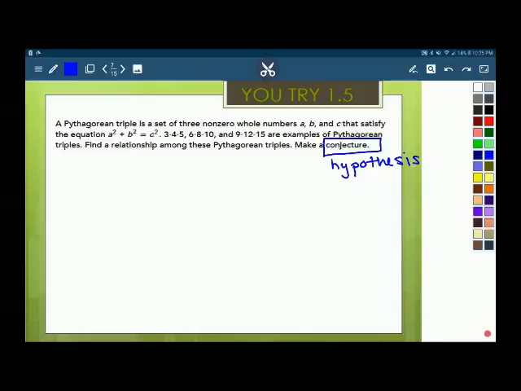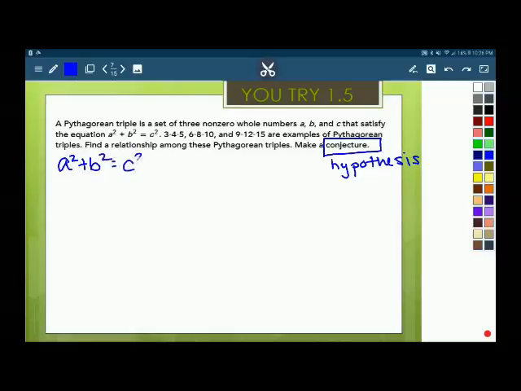Okay, there are a lot more Pythagorean triples than just these three. There's lots and lots of them. And Pythagorean triples are basically just whole numbers that satisfy the Pythagorean theorem. So if I were to plug in 3 for a, okay, so let's write the Pythagorean theorem out.